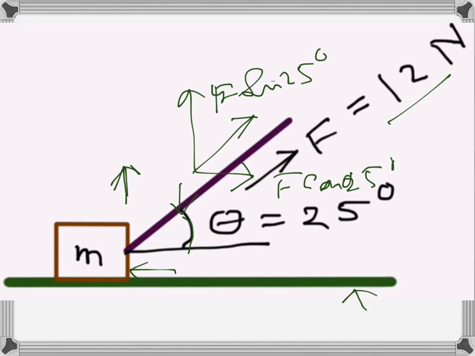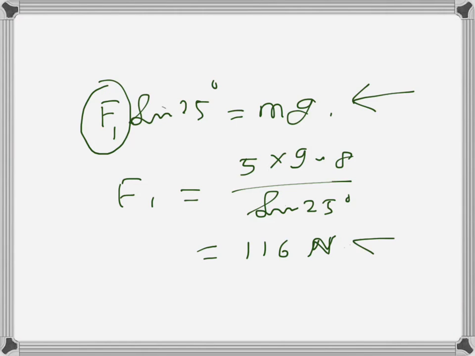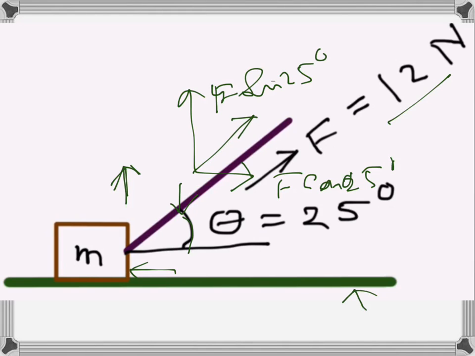We are assuming the force has to be just a little above that when it's completely lifted off, and we have to calculate the acceleration at that moment. So F1 cos 25 degrees will be equal to m times the new acceleration, let's call it a1.